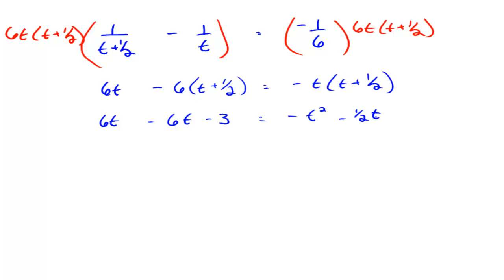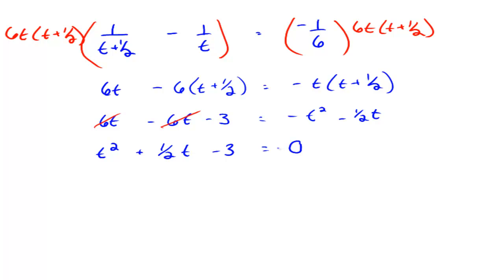I can collect everything on either side. I'm going to move everything to the left because then my t squared term becomes positive. So I get t squared. Notice how my two 6t terms are going to cancel here, and I'm going to be left with t squared plus 1/2 t minus 3 is equal to 0.